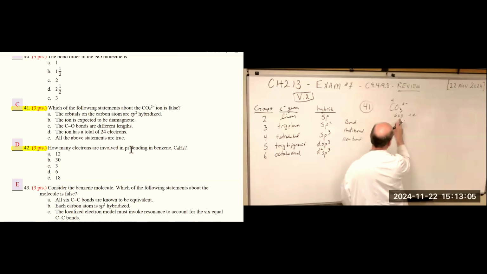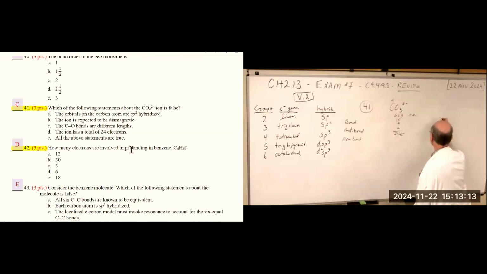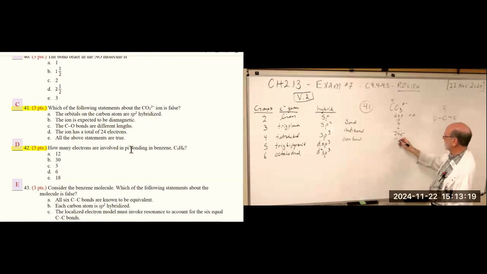So that's 18 and 4 and 2. 24. 24 electrons. Carbon, oxygen, oxygen, oxygen. That's 2, 4, 6 is 18.